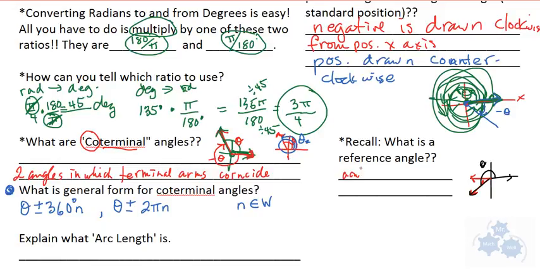So it's always an acute angle formed by the terminal arm of theta and the x-axis. So it would be theta minus 180 to get to your terminal line there, in this case.